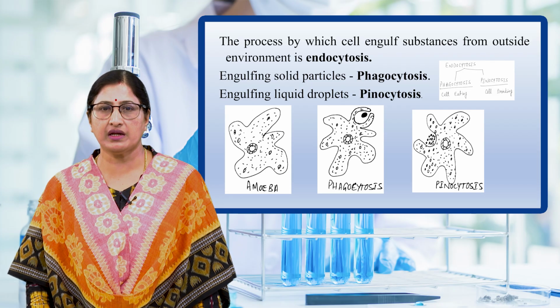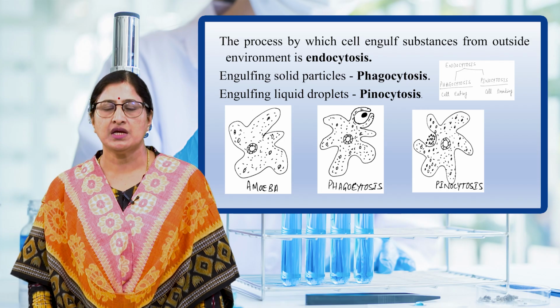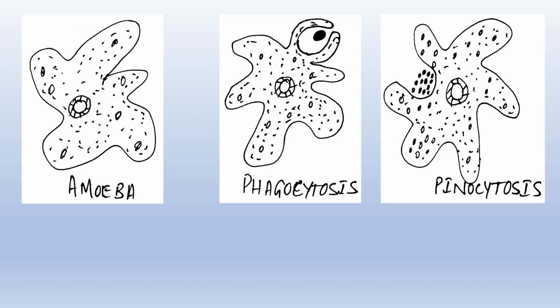Engulfing solid particles is called phagocytosis. Engulfing liquid droplets is called pinocytosis. You can see the diagrams. First one is the diagram of amoeba. Second one depicts phagocytosis, that is how the pseudopodia or the false foot of amoeba surrounds the food particle and then it dissolves into the cytoplasm of amoeba.